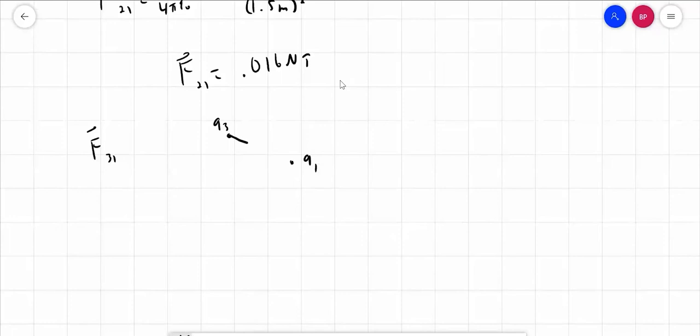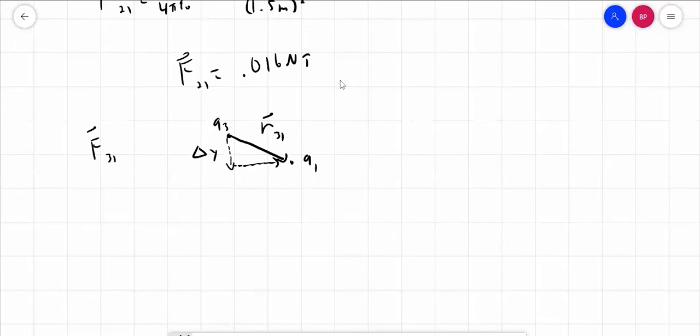Now remember, the vector that points from what's creating the force to where we want to know the force is our full vector R31. So you have to ask yourself, what do I have to do if I'm at Q3 and I want to get to Q1? Well, I have to go some distance in the negative y direction and then some distance in the positive x direction. So what are these distances?